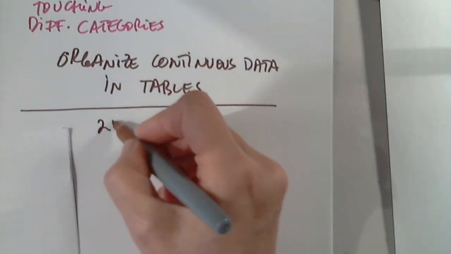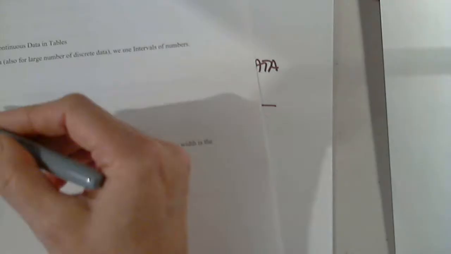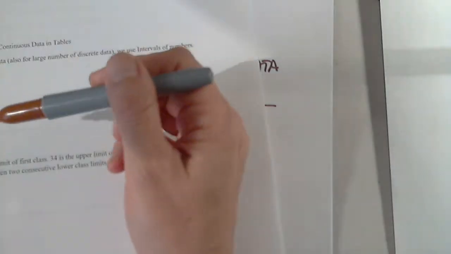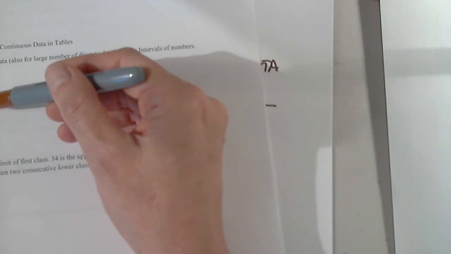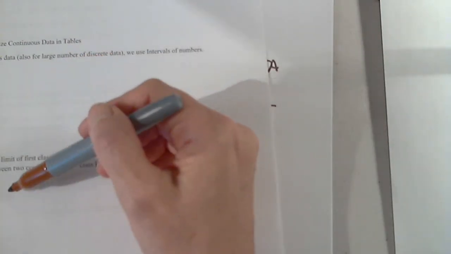So 25 is the lower limit of the first class, 35 is the lower limit of the second class, 45 is the lower limit of the next class, and so on. 34 is the upper limit of the first class, and so on.